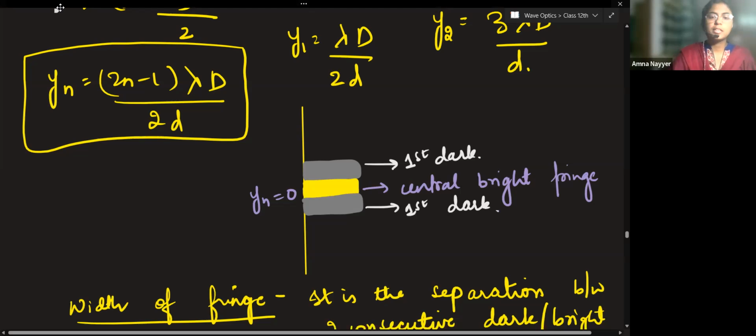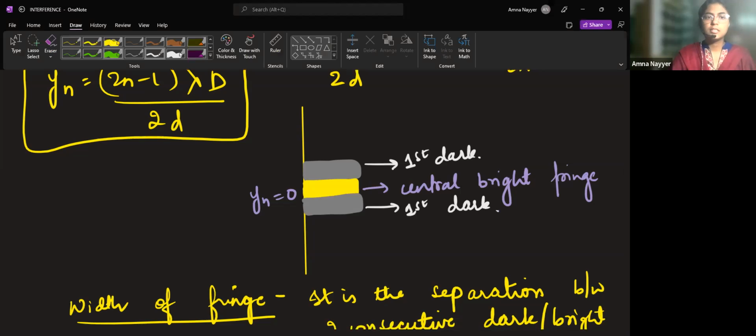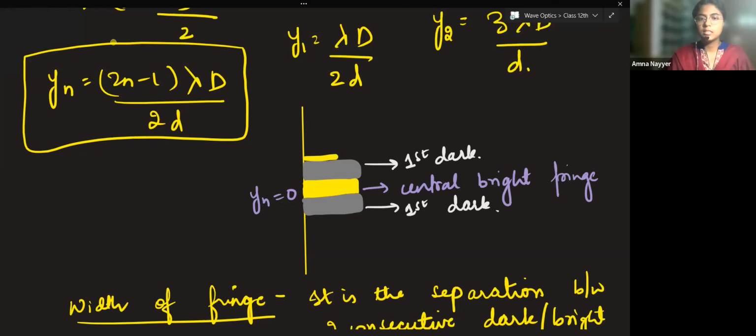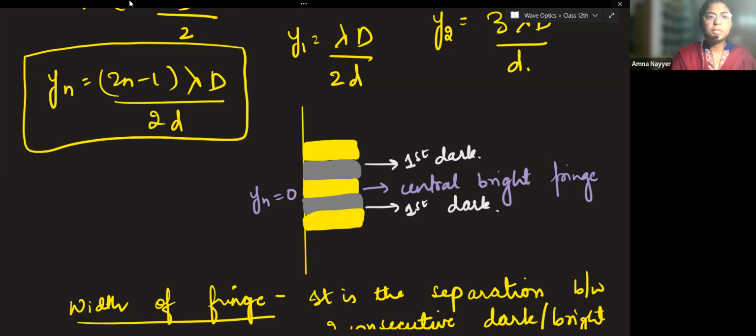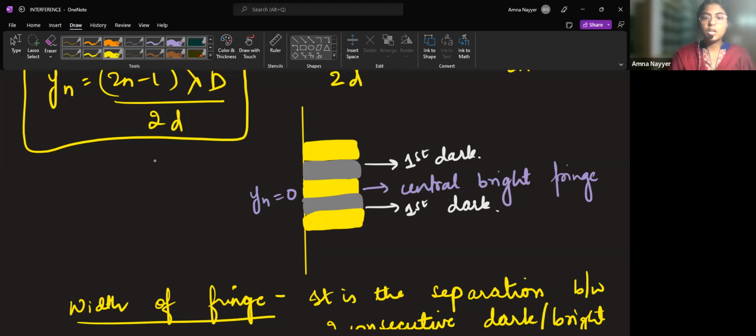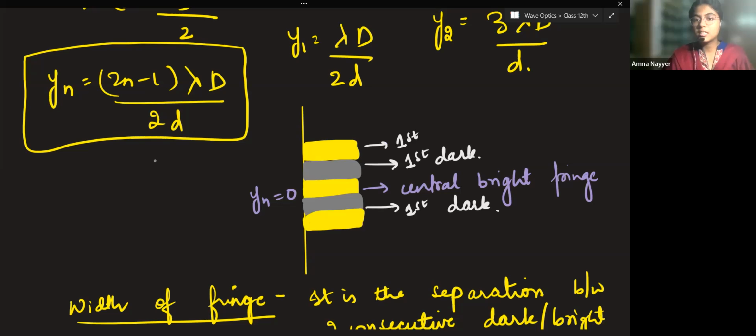Fine. Now again, a bright fringe will be formed here at this point. And here again, you will obtain a bright fringe. So this is known as what? This is the first bright fringe that has been obtained.